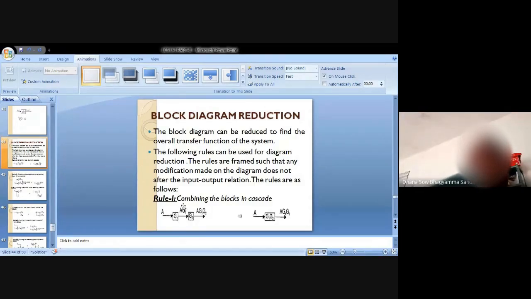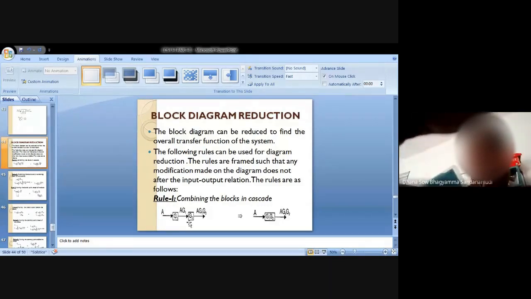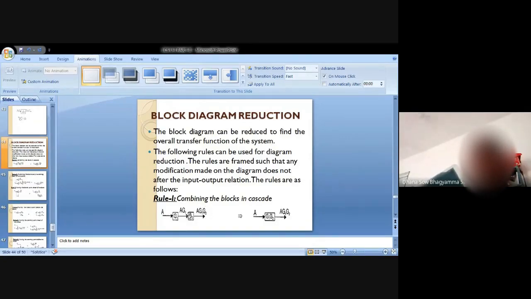Now, A into G1 is the input for G2. What is the output of G2? It is A into G1 into G2.